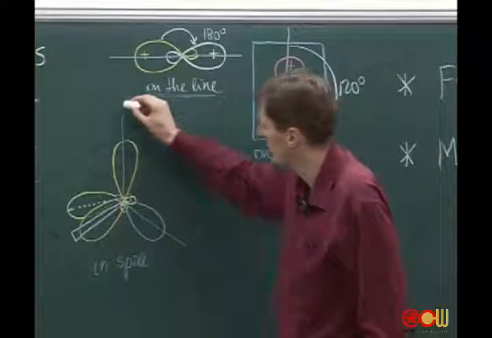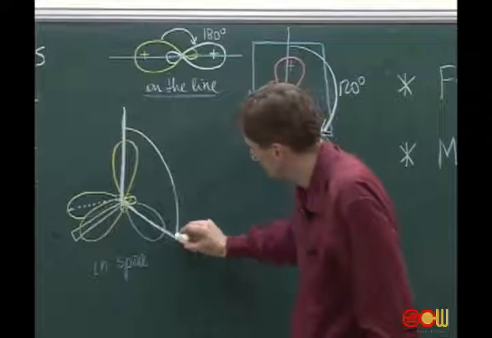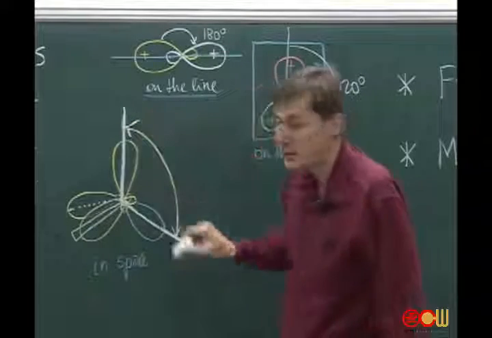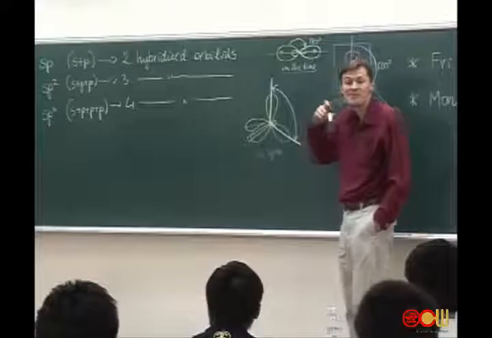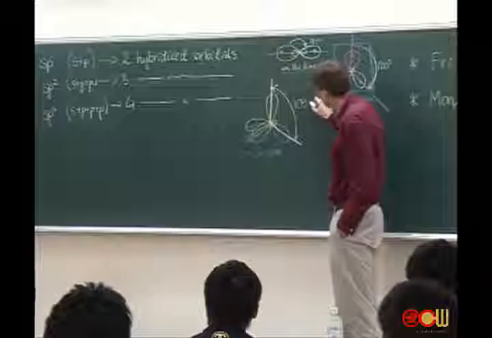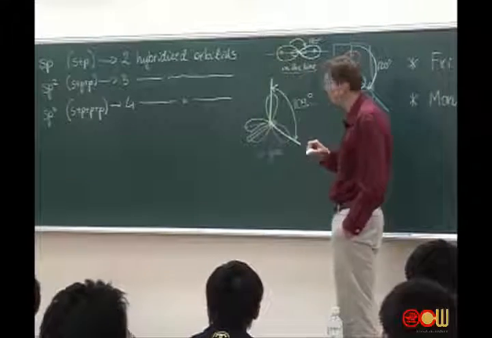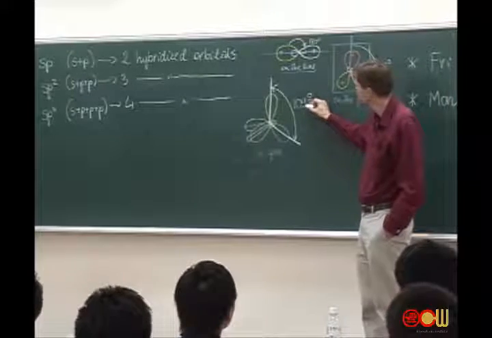And the angle here between two orbitals is 109 point some small value of degrees. I think 109.5 or something like that.